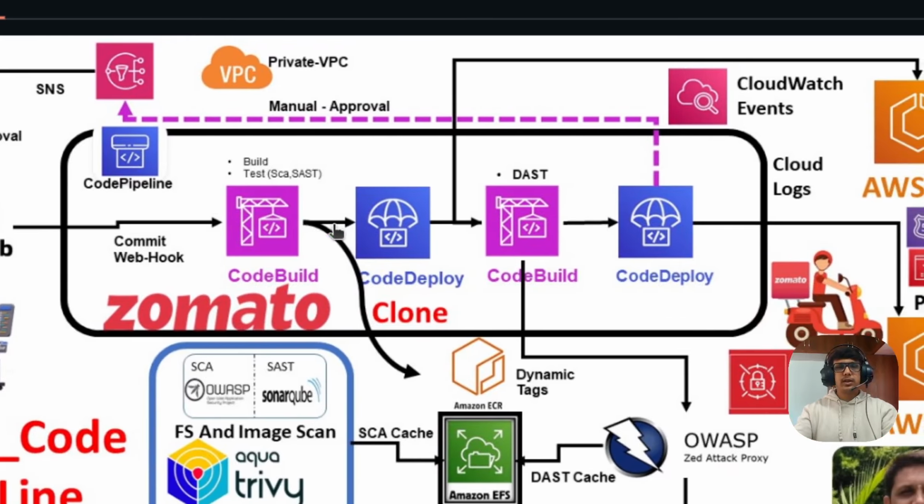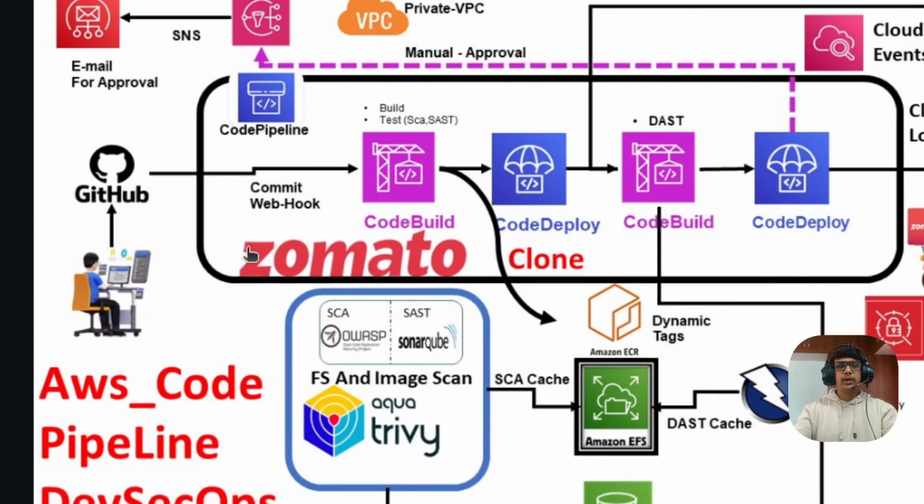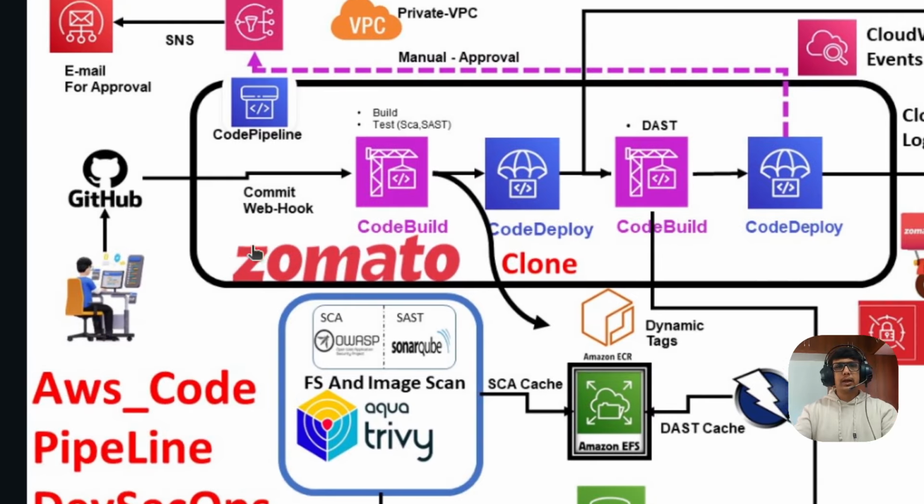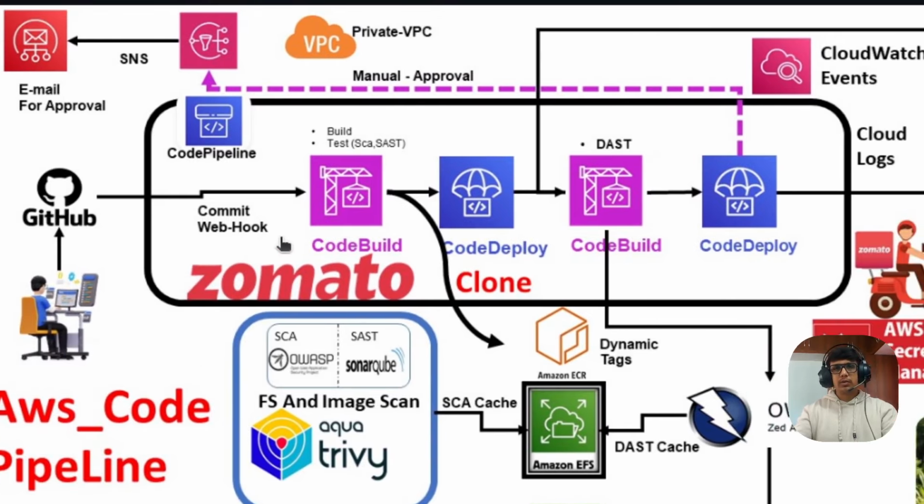As with the Jenkinsfile, when the developer pushes the code to GitHub, it is triggered by using the webhook.